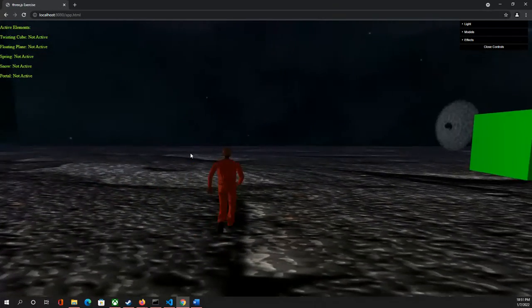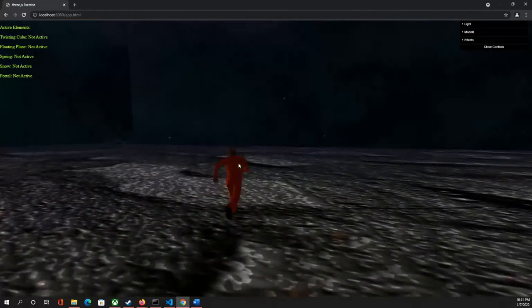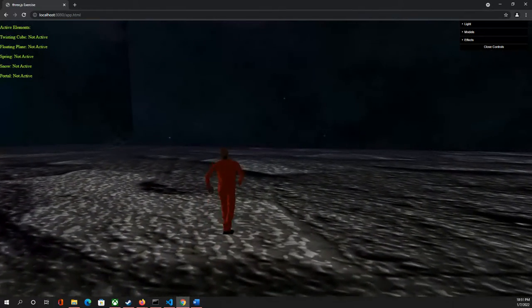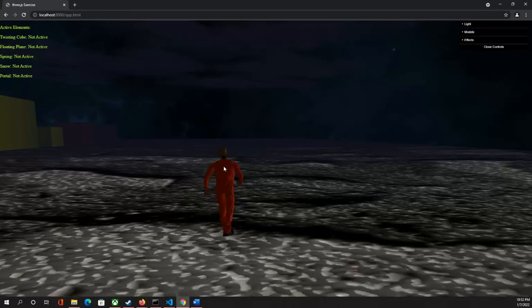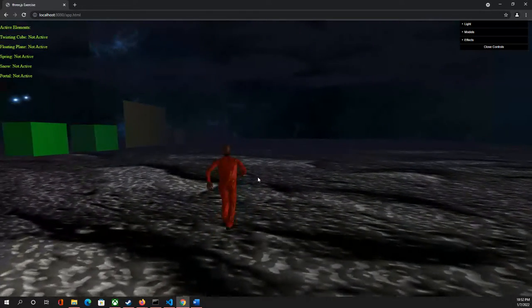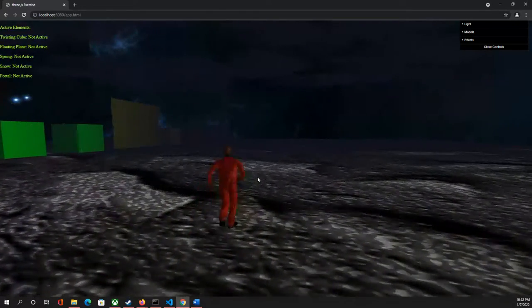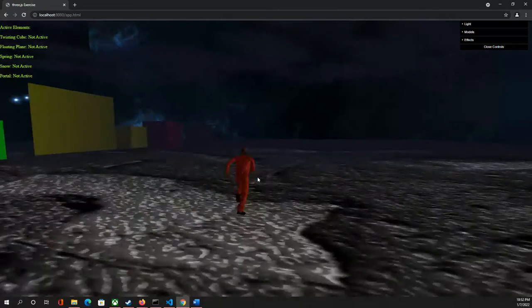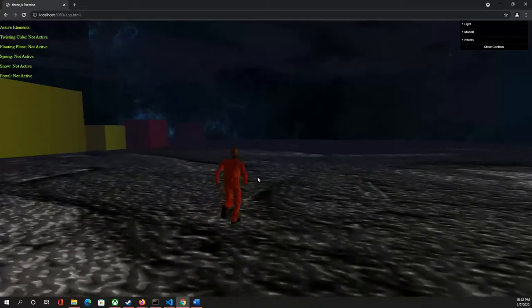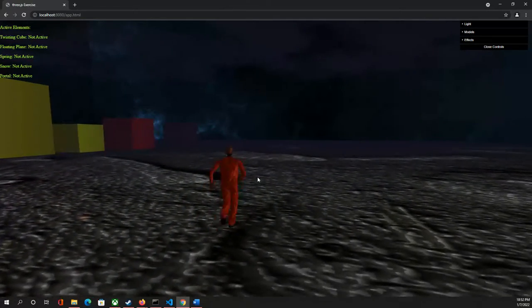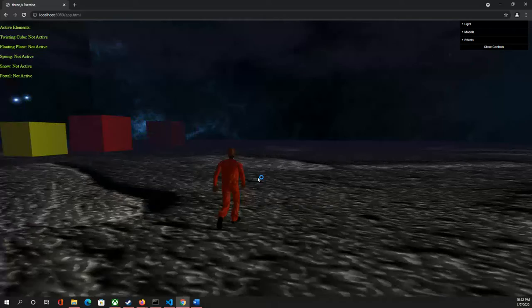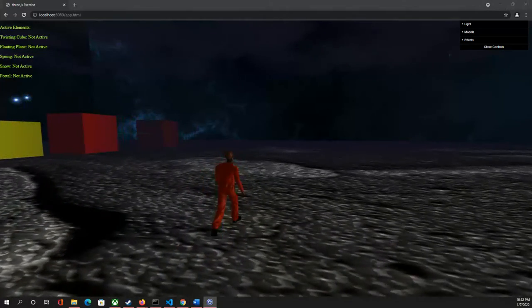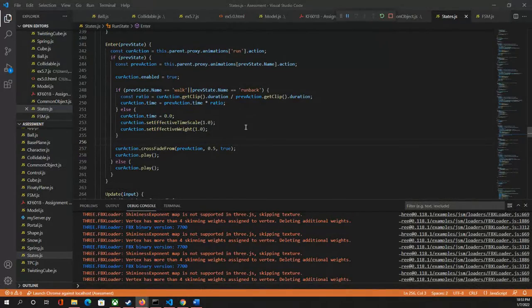So let's talk about this blending stuff on the example of the walking and running state. So there we walk and we start running. We walk, we press Shift, kind of accelerate there to run. Here we can see the code that does the blending.